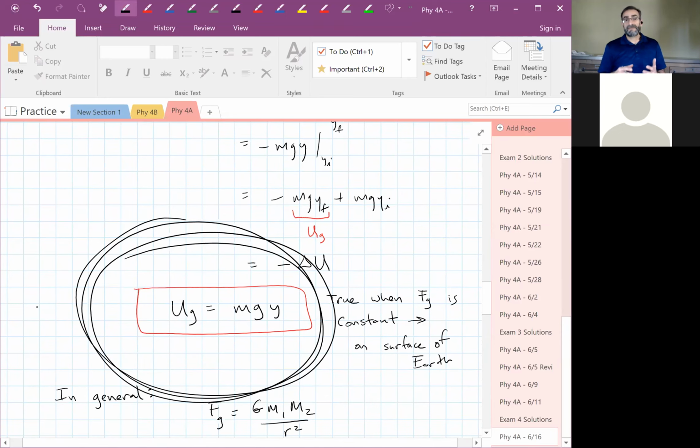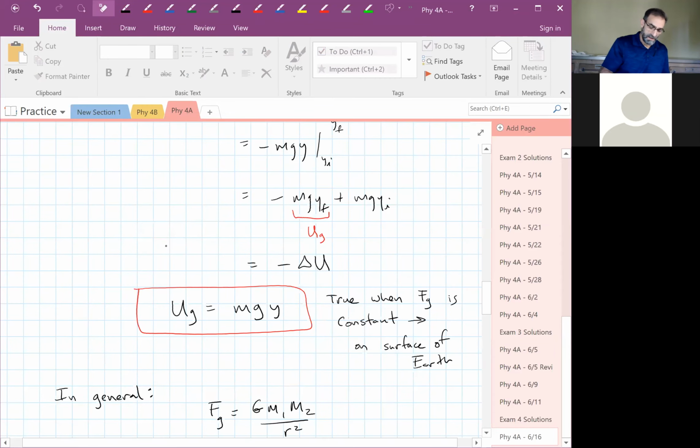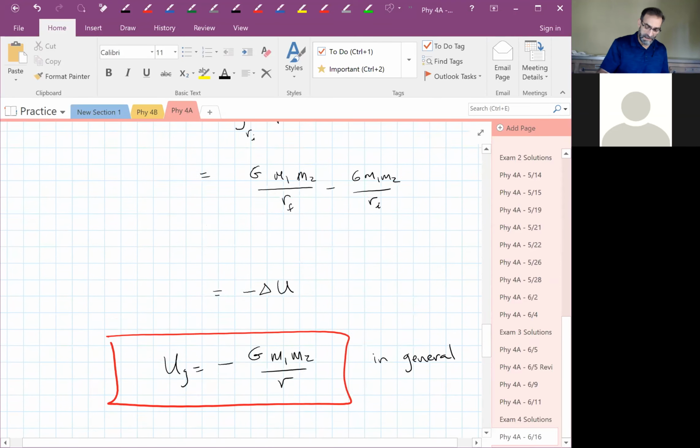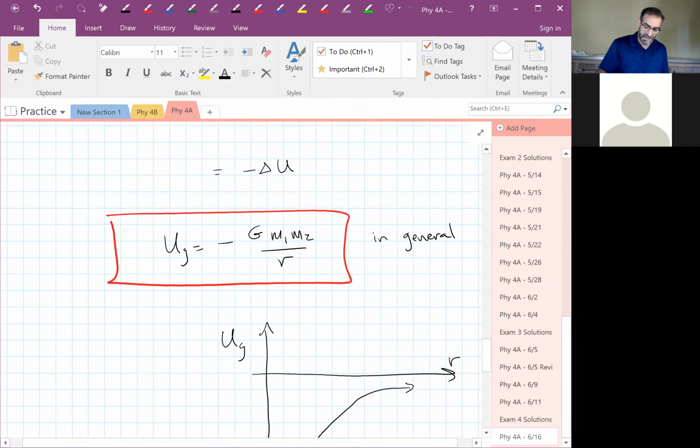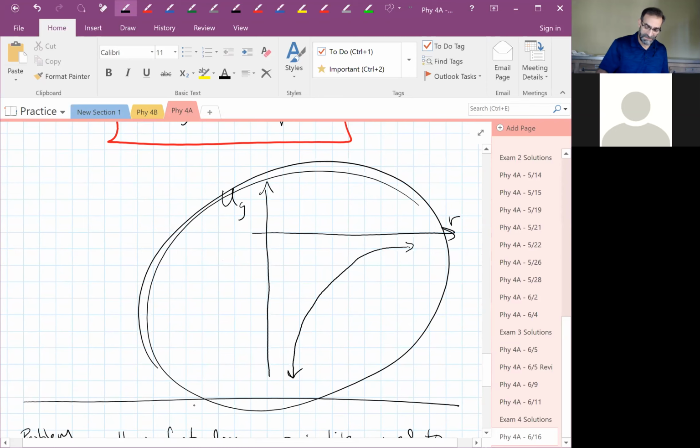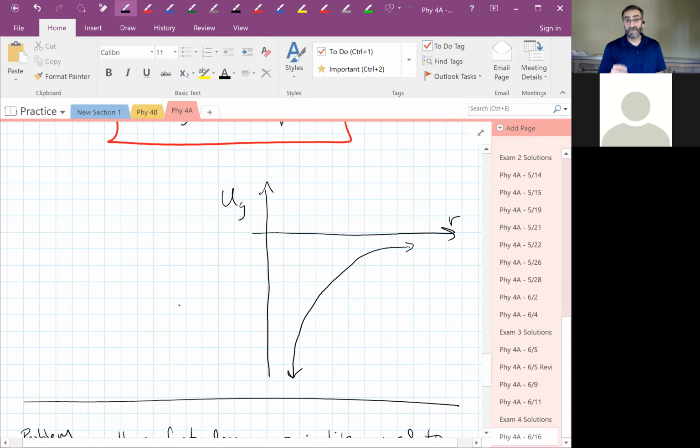Because we had a nice linear relationship, it didn't matter where 0 was. No matter where you define 0 on a straight line, the difference between any 2 points is always going to be the same. But this relationship is not linear, right? This is not a straight line here. So this does matter where we define 0.